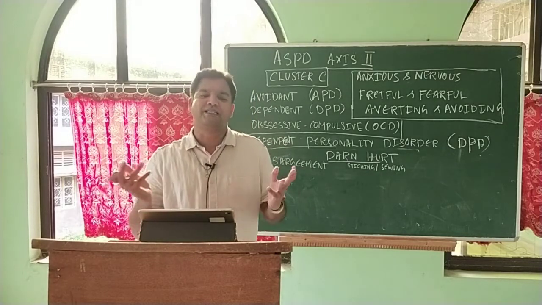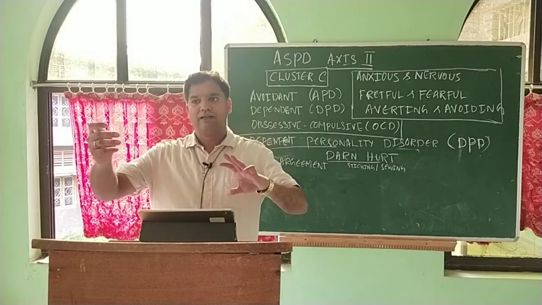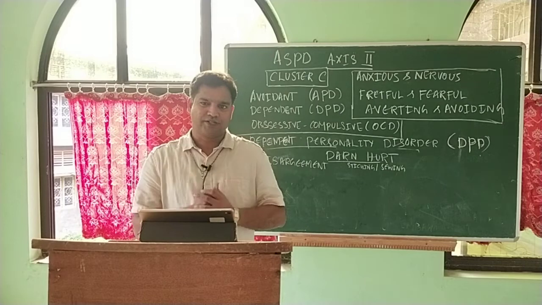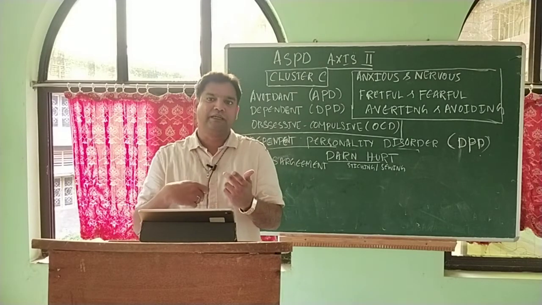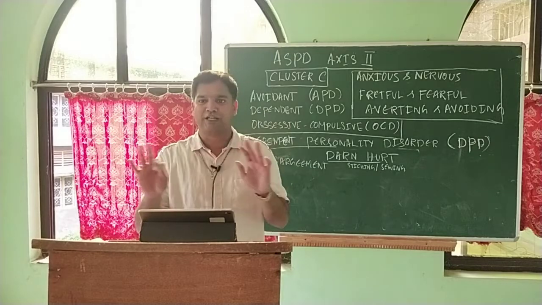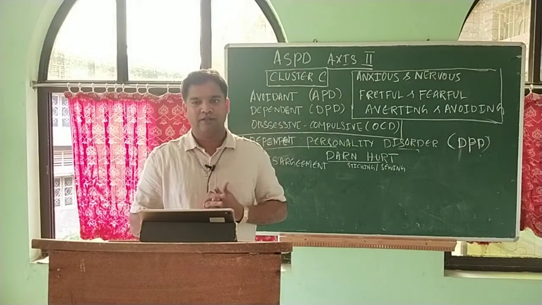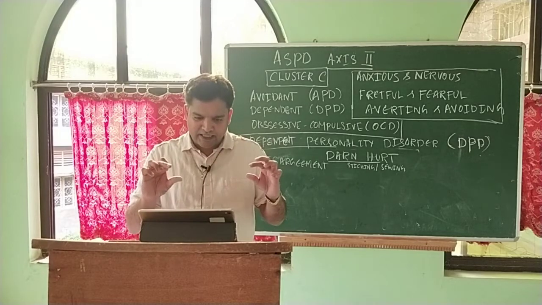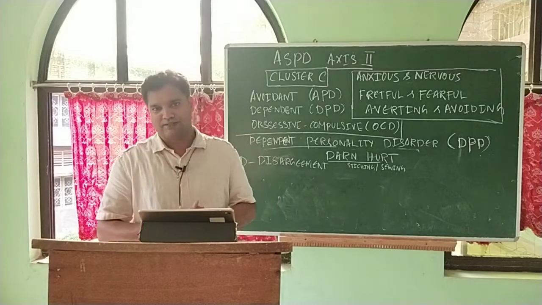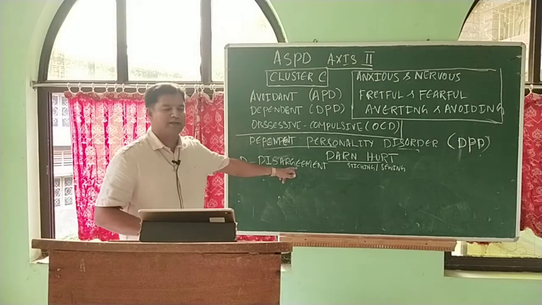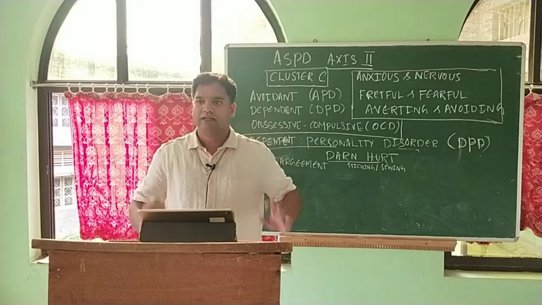These people cannot disagree with others, because if they disagree with somebody, they have the fear of losing the relationship. If I disagree with you, then you may be upset with me and you may not relate with me. So I don't disagree with you. So it is difficult for them to express their disagreements.